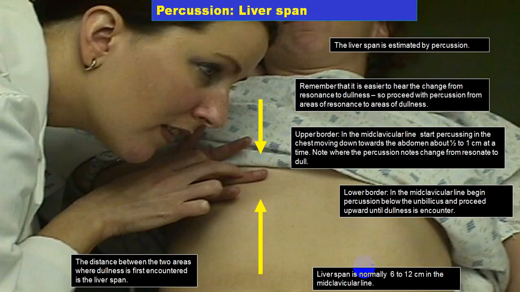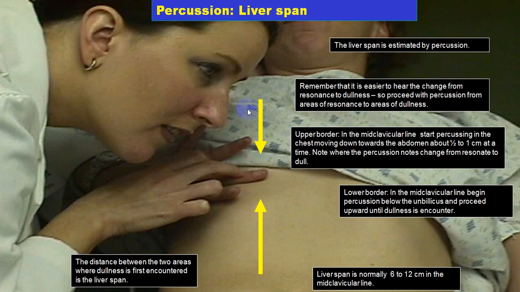Now, a little idea regarding liver percussion for lower border. Whenever you want to identify the lower border of the liver, always use a gentle percussion, or what we call a light percussion, because you are going from a resonant area to the dull area. So have a gentle percussion, you will be able to identify much better. In case of a doubt, you can utilize a scratch method, that is scratching and auscultating, which we have already discussed or will be discussing in auscultation of abdominal examination.